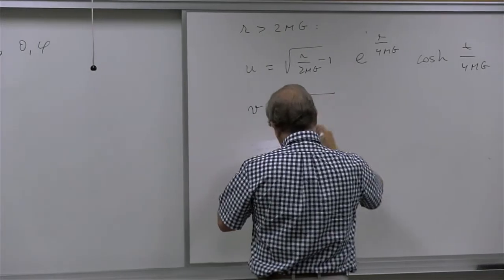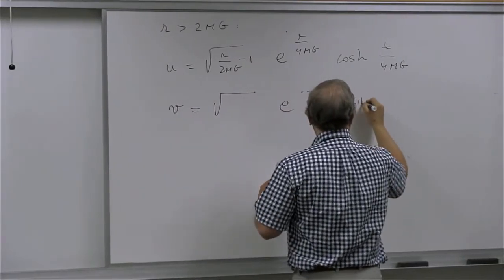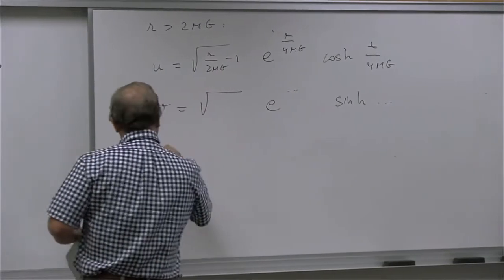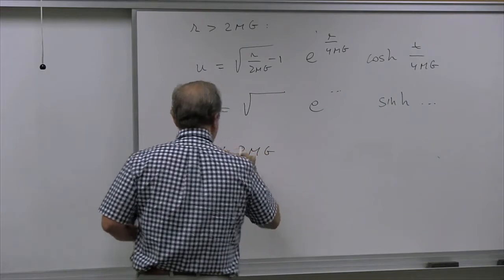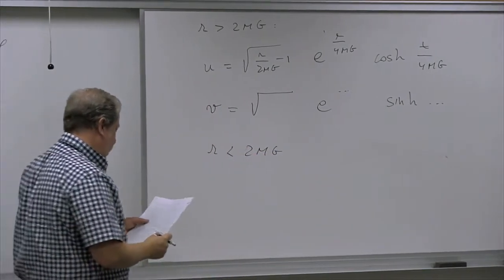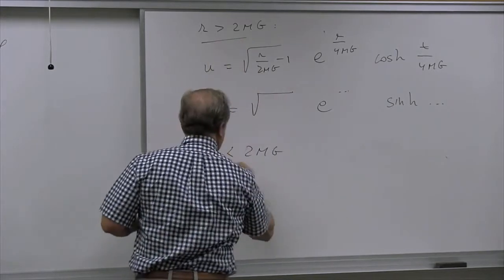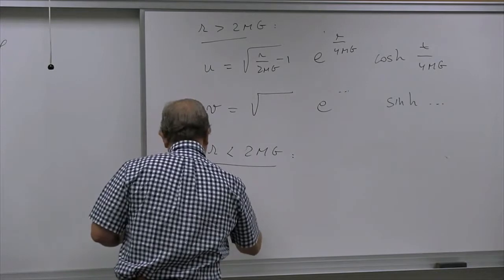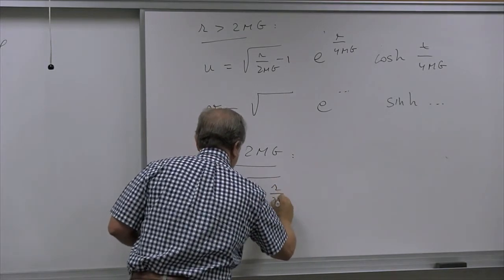And v has a rather similar expression, so it's the same square root, the same exponential, and the sinh of the same thing. And if r is less than 2mg, so inside the horizon, then the solution is fairly simple, but there is a change of sign inside the square root. And so u is equal to the square root of 1 minus r divided by 2mg.